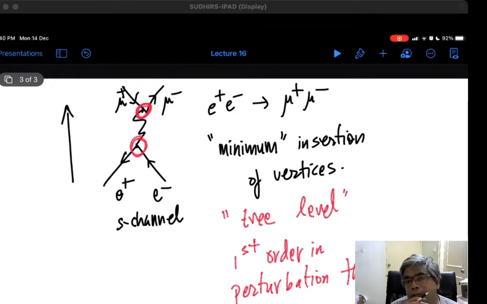So what it means is that you have to consider, for the same set of final states, all possible scenarios.